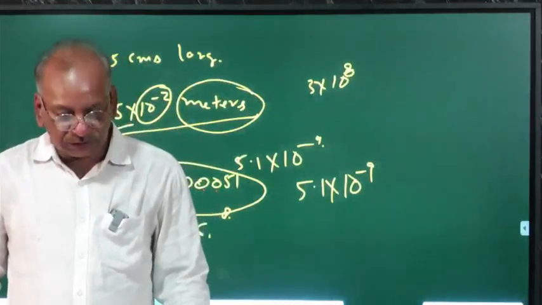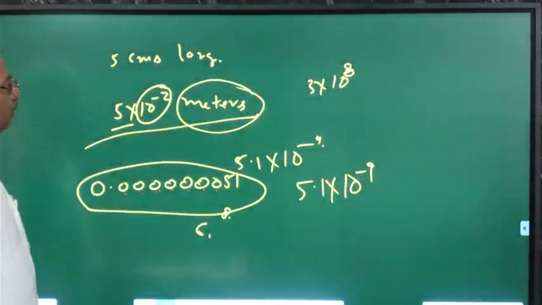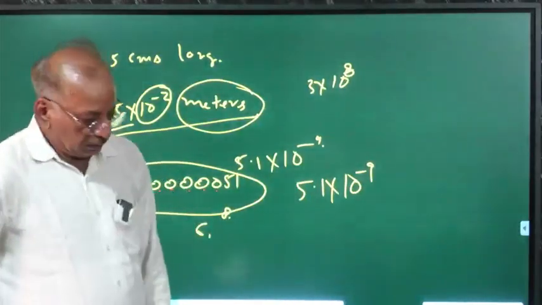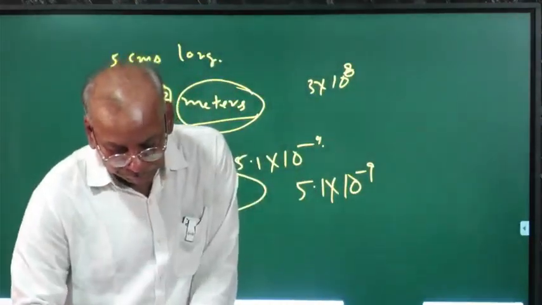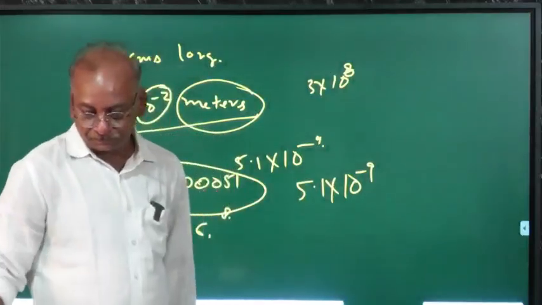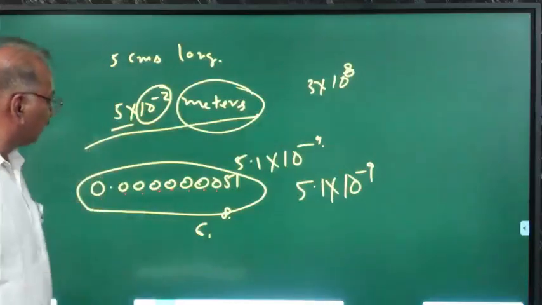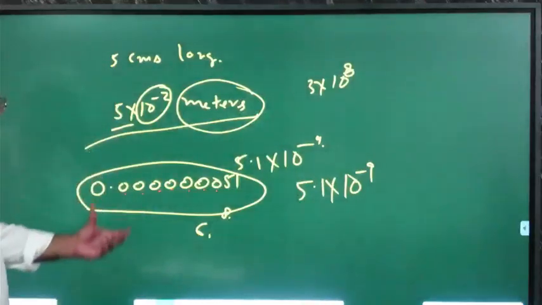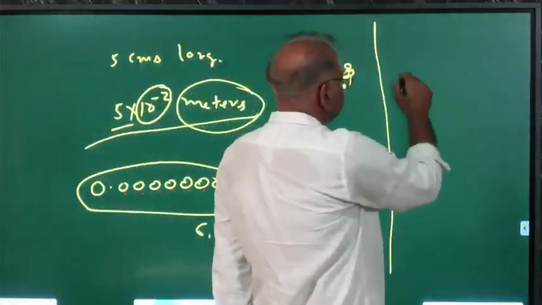So this is the order of magnitude. It means we always express things in such a way that it is very compact and it is always expressed in standard units.